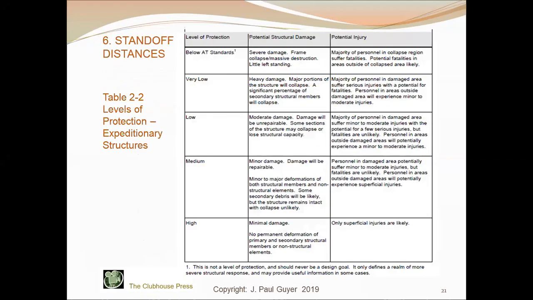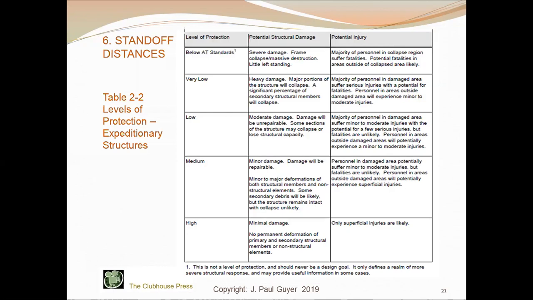Here now is table 2.2, which compares the level of protection for expeditionary structures. Again, an expeditionary structure is one that is constructed when a U.S. military organization moves outside the United States to a hostile area.